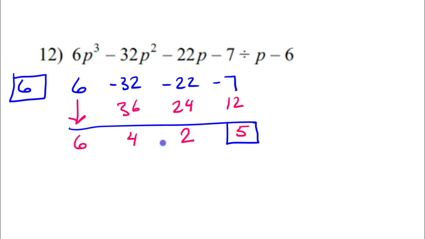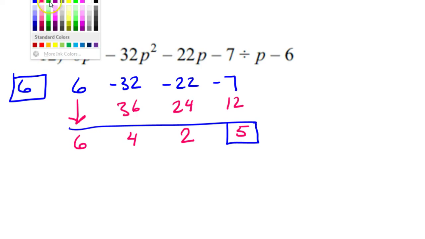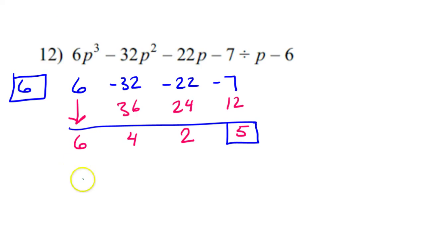Working from right to left, this is the constant, this is the linear term, and this will be the quadratic term. So if I put those variables back in, I will have 6x squared plus 4x plus 2. And then the remainder, 5, I put it over p minus 6.